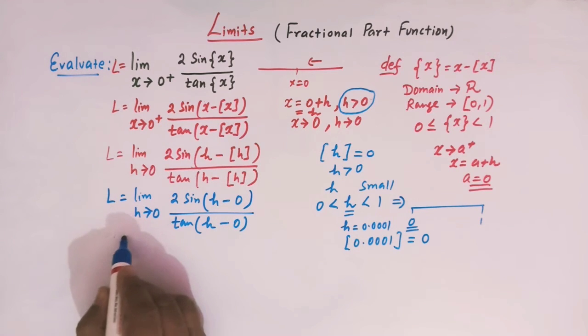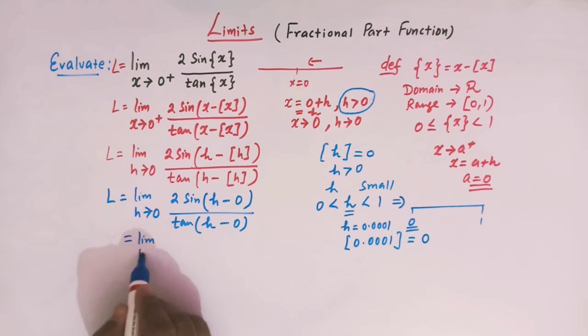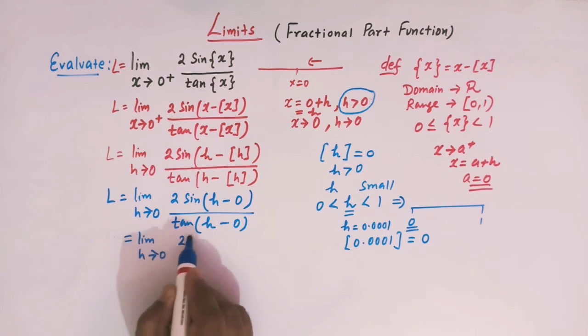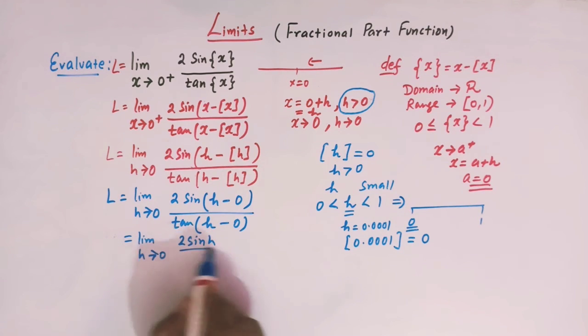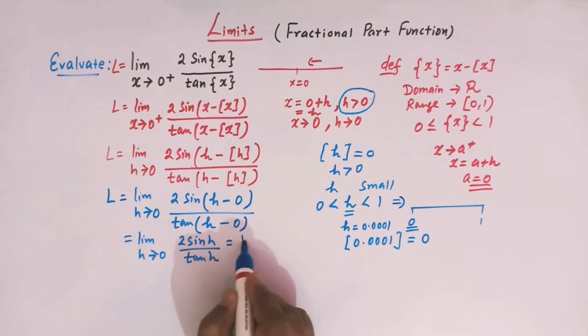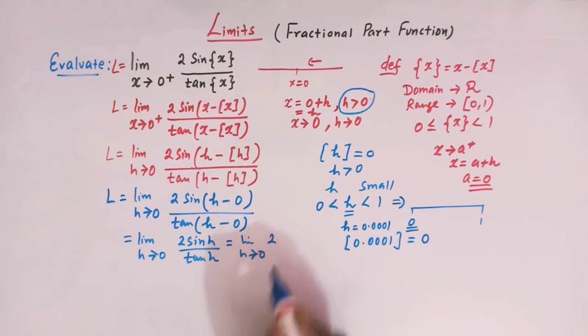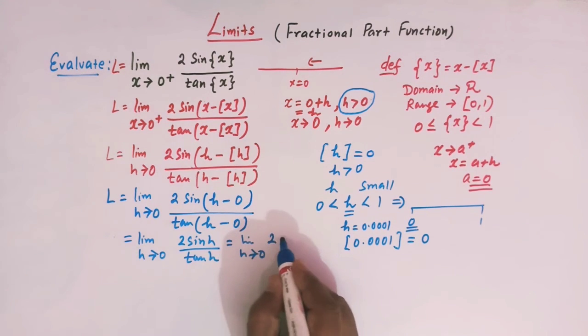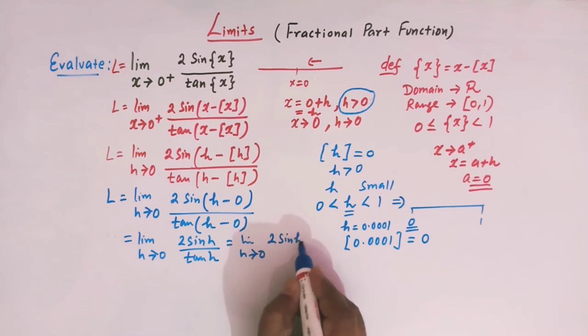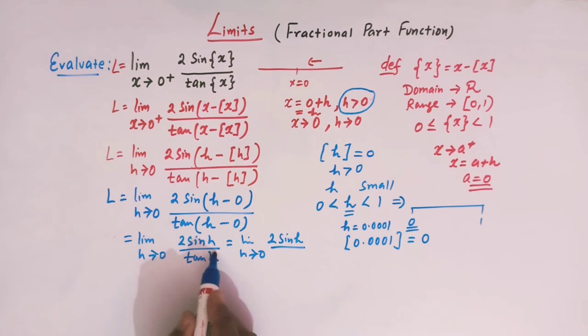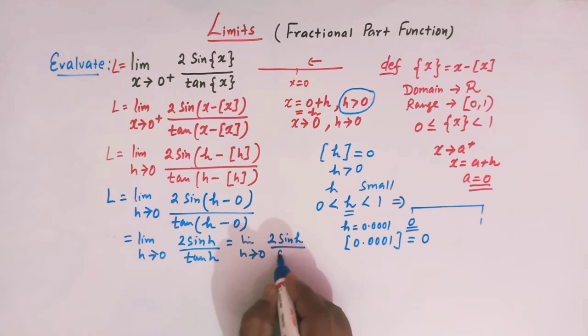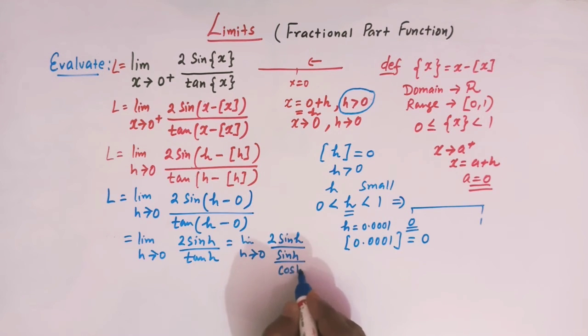So we can write it as limit h tends to 0 of 2 sine h over tan h. From trigonometry, for tan h we can write sine h over cosine h.